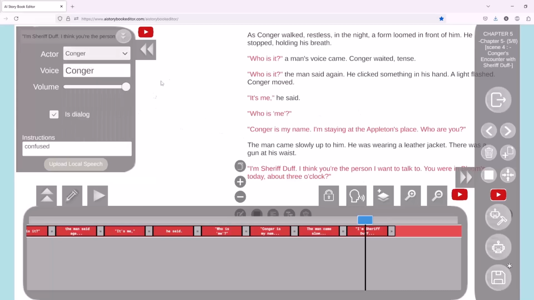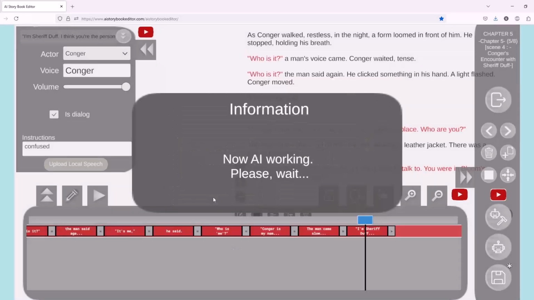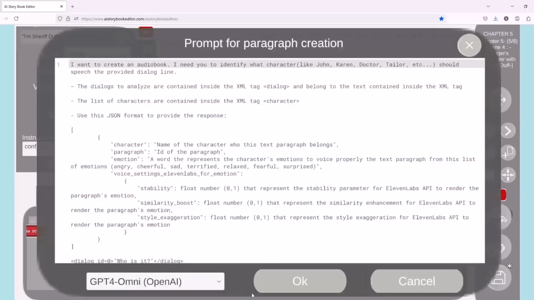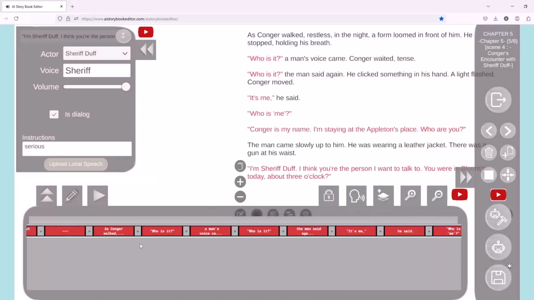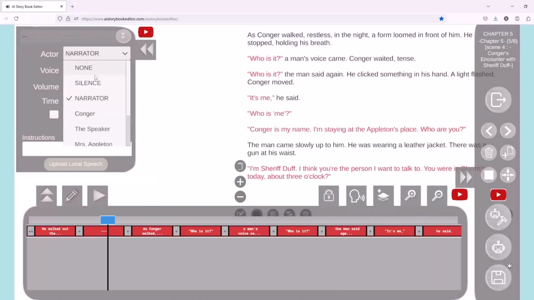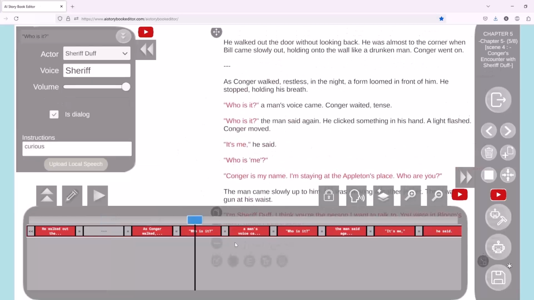Okay, let's calculate again just for this page the assignation, so we can get a more precise result. So who is that? It's the sheriff. It's me, Conger.